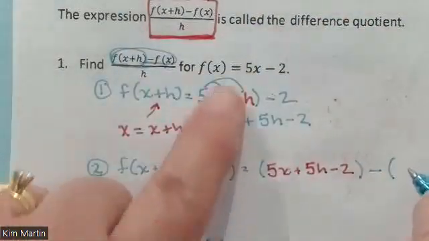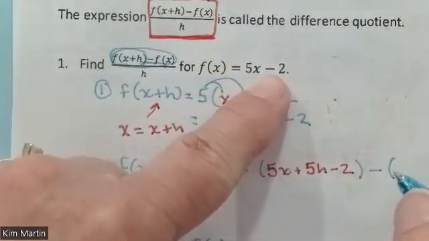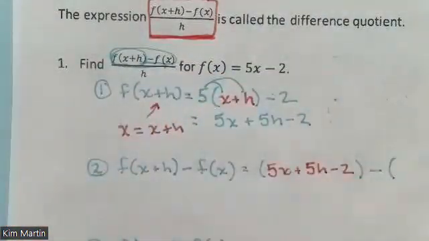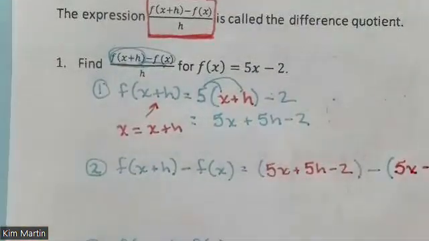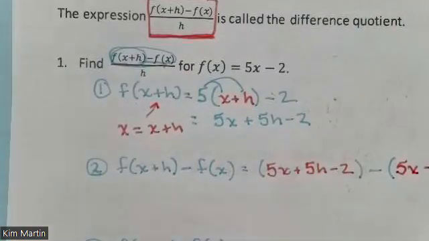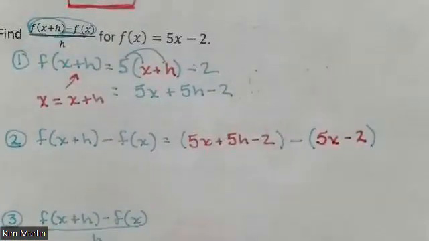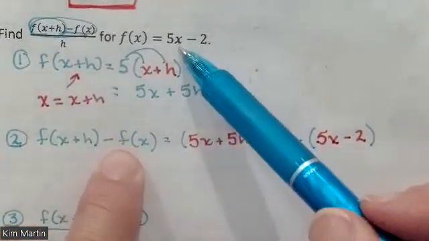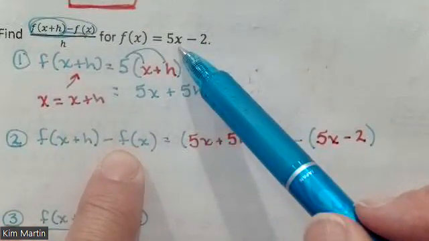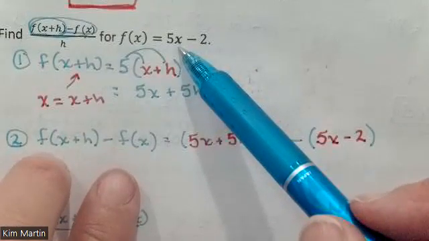Well, if you look at f of x, it tells you that it's 5x minus 2. So now, this was your answer from step 1, and this is what they gave you to begin with. That's all you're doing, is subtracting those two.